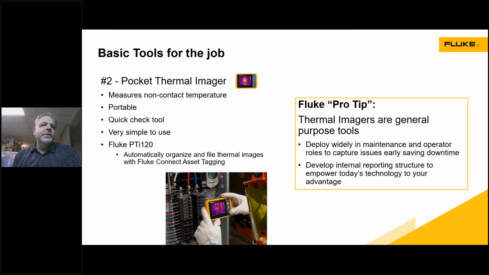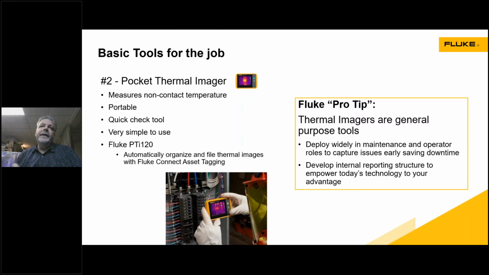The pro tip on this is we recommend that you widely deploy these through your maintenance teams. So if you have a thermal imager already locked up in a cabinet and there's usually 1 or 2 people that are allowed to touch it or make thermal scans with it, we recommend that you put a handful of these pocket thermal imagers and deploy them throughout your system. You can use them with the mechanical group, the electrical group, anybody that needs to see temperature.